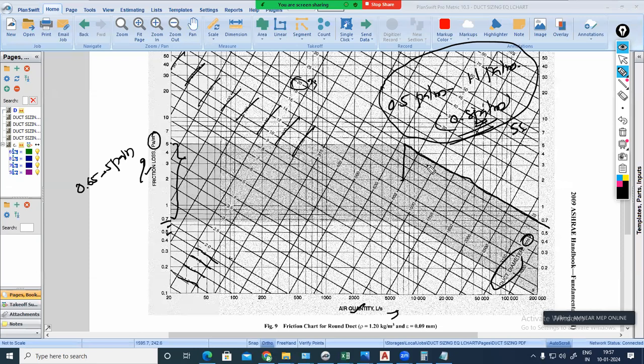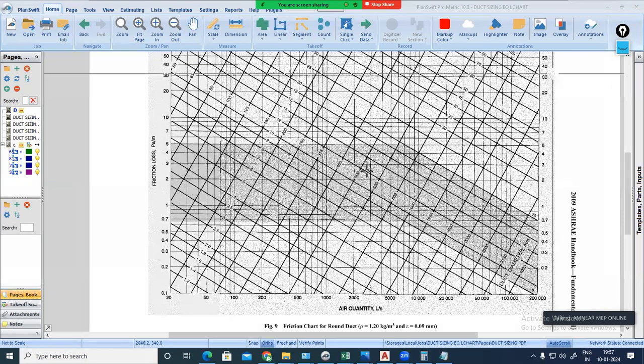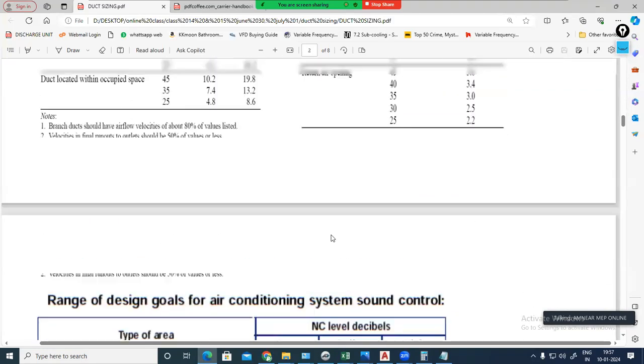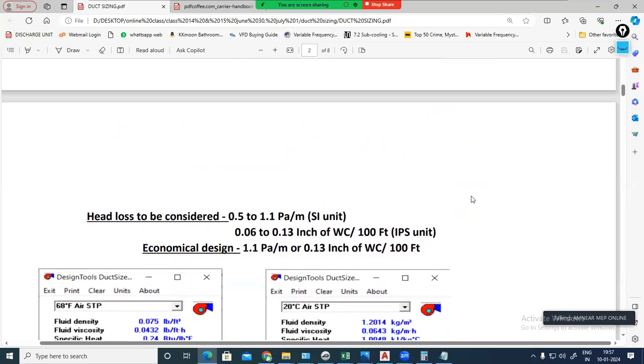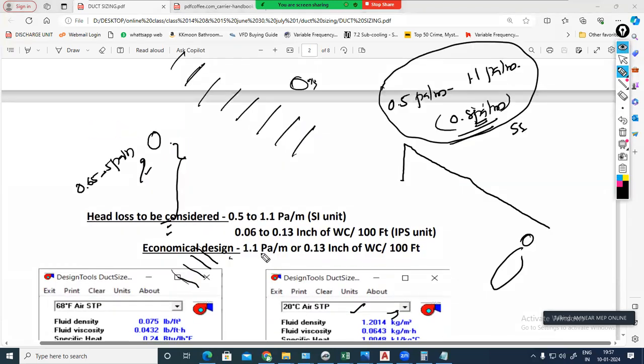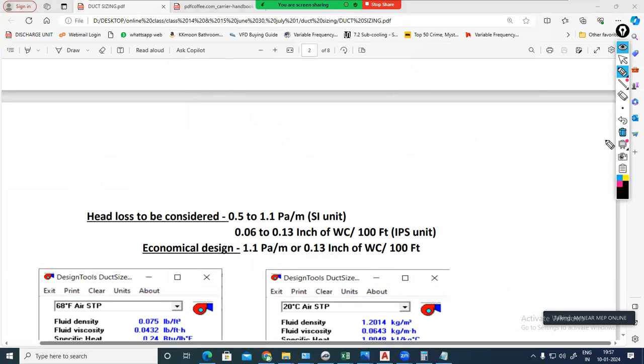So for all systems, whether smaller or bigger, you can use 0.8 Pascal per meter. But if you are going to the imperial IP standard, the unit will be changed to inch of water column: 0.06 to 0.13 inch of water column per 100 feet of duct work.